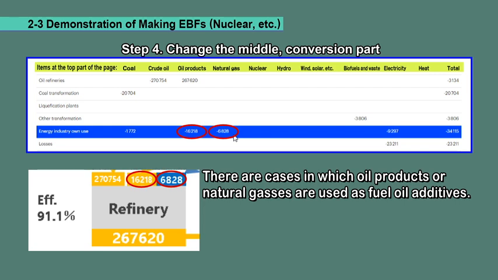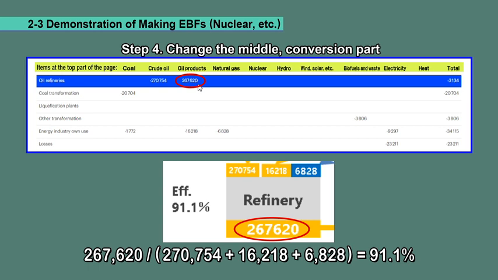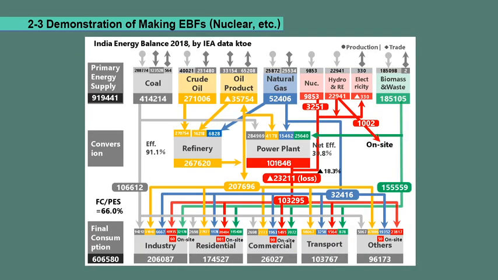So, enter these values in energy industry own use. The oil product output of oil refineries is 267,620. This ratio is calculated at the end as efficiency. This ends the middle part, completing India's EBF.